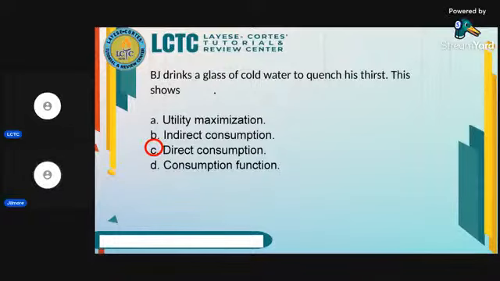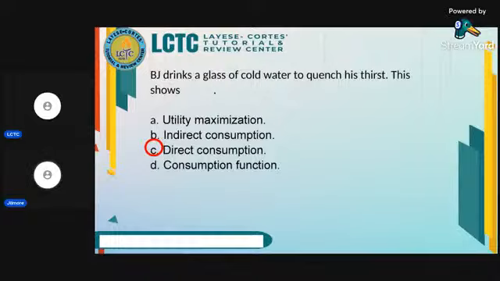So utility maximization is the maximum satisfaction that a consumer can get from his consumption. Direct consumption is immediate satisfaction. The boy here drinks a glass of cold water because he's thirsty, and to quench his thirst he needs to consume a glass of cold water.